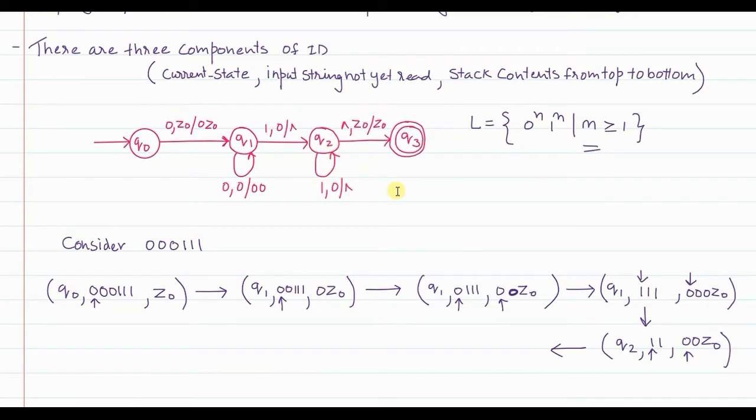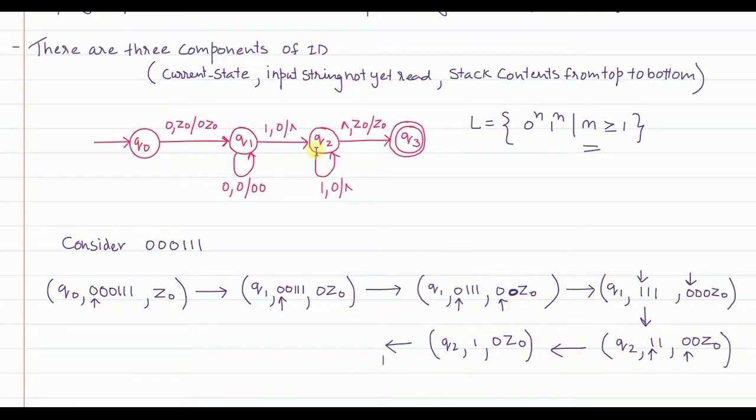So you will remain in the same state Q2. This 0 will be popped out, that means this 0 and this 1 will get cancelled. So what is unread now? This 1 is already read, so what remains is a single 1. And after popping out the topmost 0, what will remain in the stack is 0, Z0.